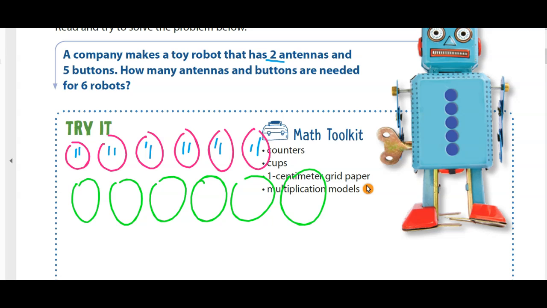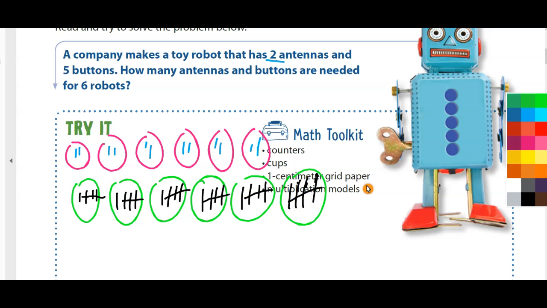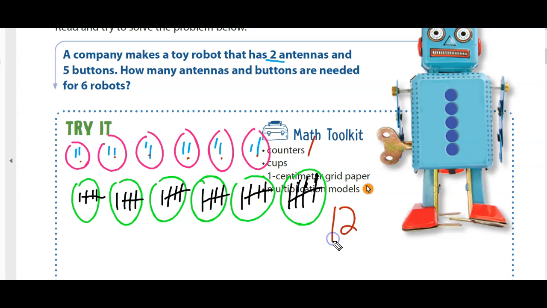Yes? 1, 2, 3, 4, 5, and so on for each robot. So, how many antennas do all 6 robots have altogether? Got to count them. Count by 2s. Help me. 2, 4, 6, 8, 10, 12. So they have 12. Okay.